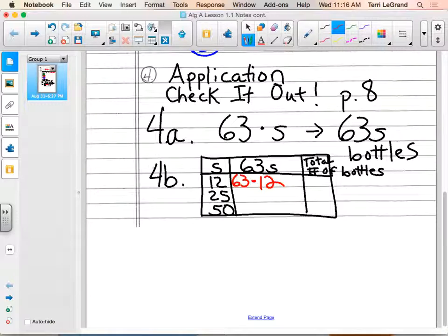Or do it in your head if you can. 756. We don't have to put a title on that because we already have a title in our heading in our column. Okay, now we're going to substitute 63 times 25. This is a multiplication dot there, not a subtraction that almost looked like. 63 times 25 will be our next substitution.